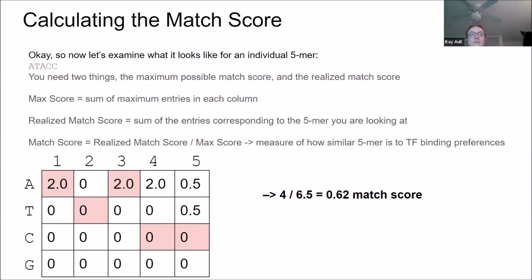When it comes to these match scores, is there some threshold at which you would say this is probably a TF binding motif? Or is this kind of just relative? It's relative. It depends on the transcription factor. But does each transcription factor have a threshold value?